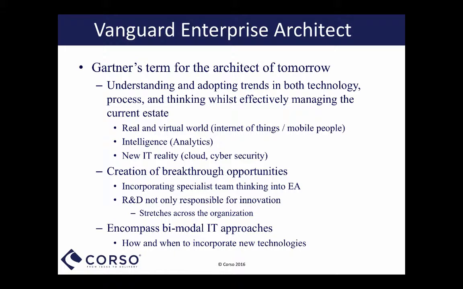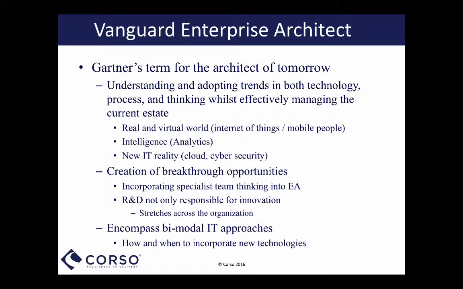So the Internet of Things. It's not just about timers on fridges. It's now part of the real world, and there are certain industries where it's very strong, manufacturing, automotive, but it's also increasingly becoming part of a number of different organisations, as well as mobile people. So how do you get to people out there?